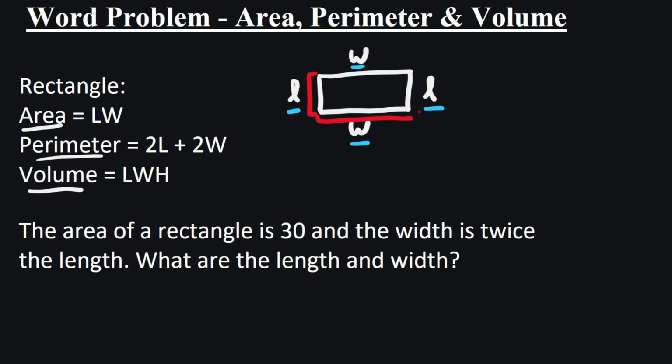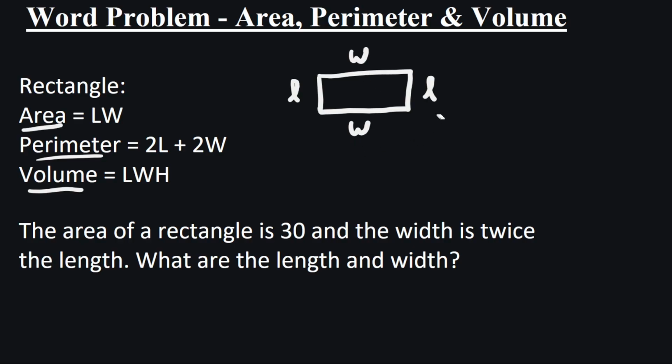Basically, how long is every side of the rectangle? If you add up all the sides, that gives you your perimeter. So it's both of the lengths, that's why it's 2 times length, plus both of the widths, that's why it's 2 times width. So that's the perimeter.